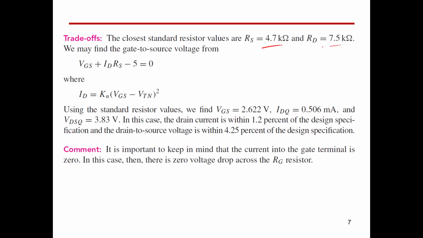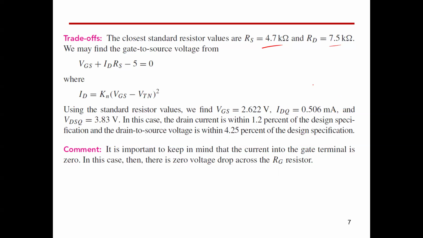Does it mean our circuit is not gonna work? No. But what you can do is check. Check what? Check the values of these resistors with the same values of supply. What will happen to your ID and VDS?